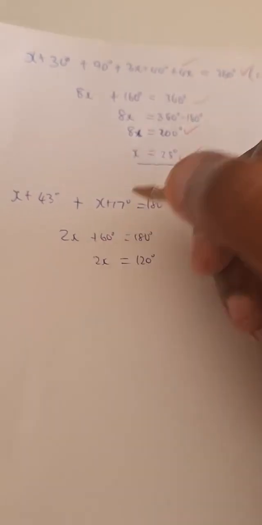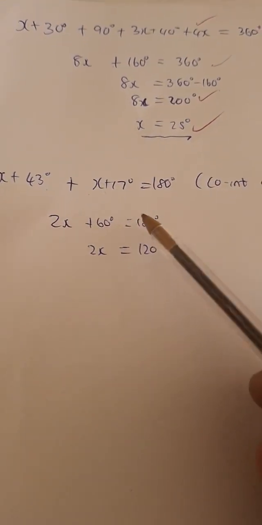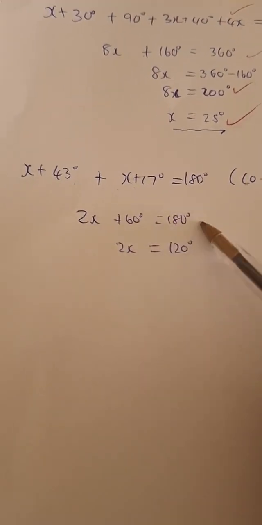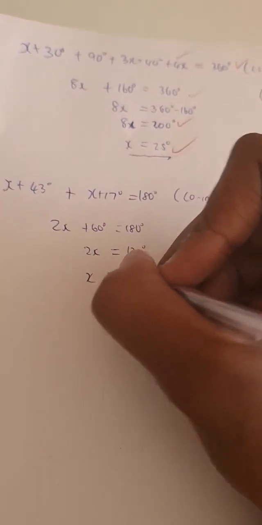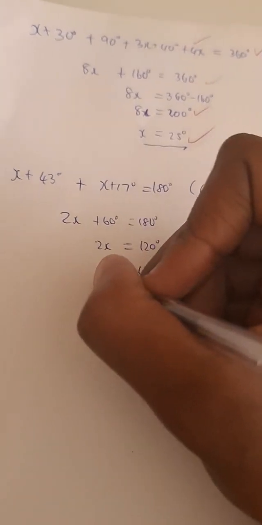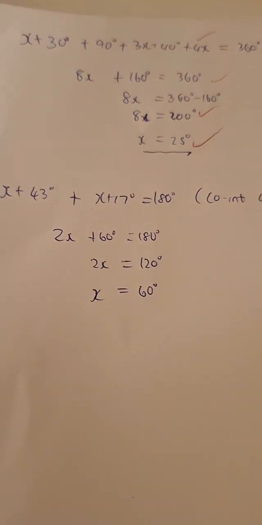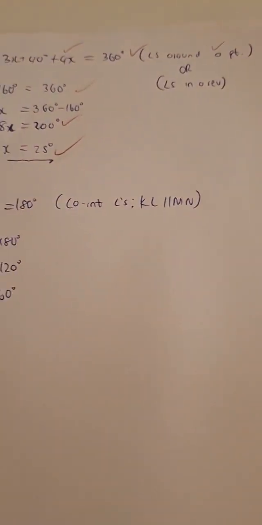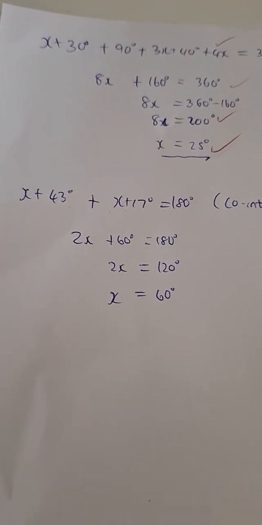You see the maths is happening in a mental state, just happening in the head. The 60 I transpose, I know 180 minus 60 gives me 120. That's all. We divide both sides by 2, X becomes 60 degrees. It's happening there in the head.